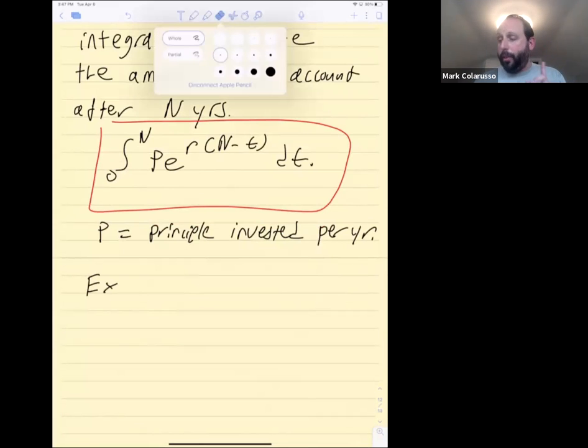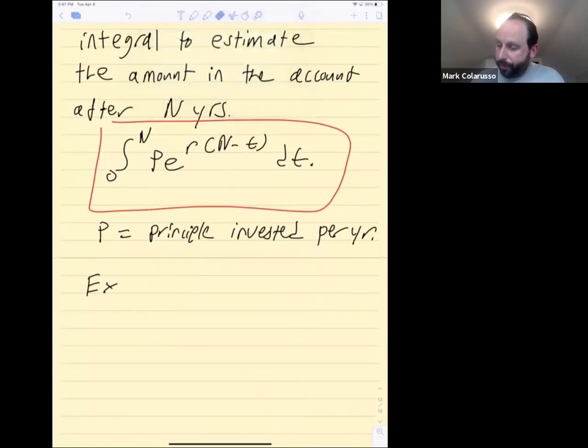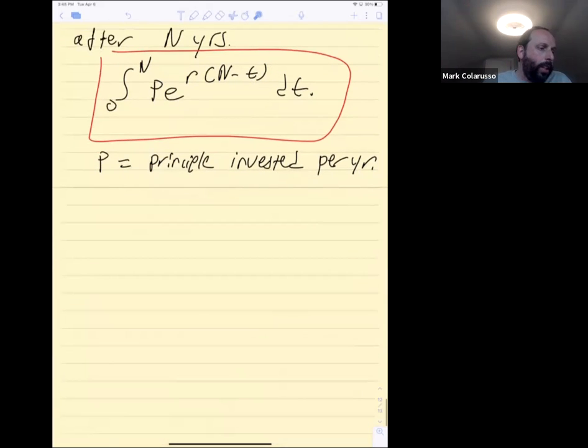Oh, before we can, there's another problem. Before we do this, this is an integral that we haven't seen before. We haven't talked about how to do an integral of e to the k times something minus t. We've done e to the minus kt, and we've done e to the kt, but we haven't done something like this.